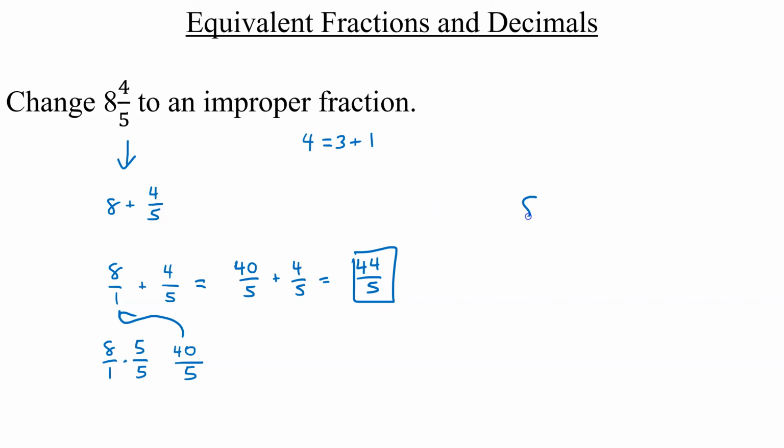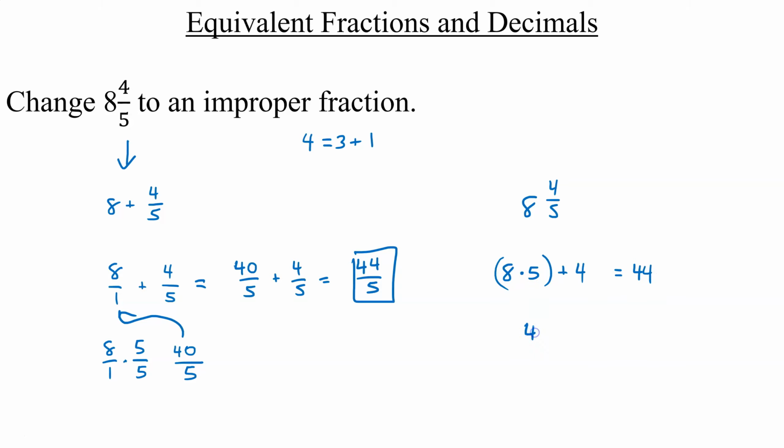So with the shortcut, what you do is you take your whole number, 8, and you multiply it by your denominator, 5, and then you add that to your numerator, 4. When you do that, you get 8 times 5, that's 40, plus 4 is 44.